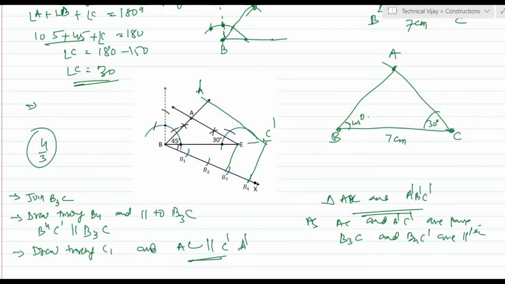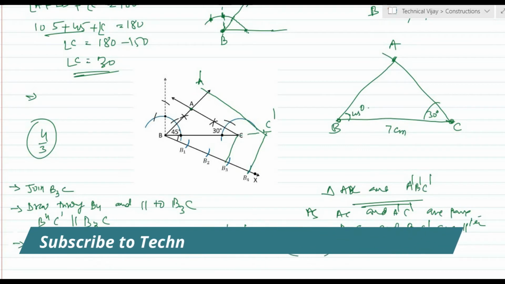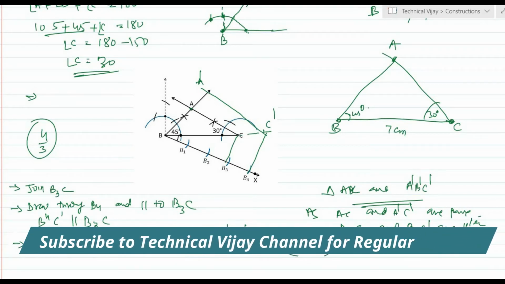Okay, so by the Basic Proportionality Theorem, BPT, when these two lines are parallel, BC dash divided by BC is equal to BA dash divided by BA, which is equal to A dash C dash divided by AC. Okay, this ratio is equal to 4/3. Okay, so hence it is proved.